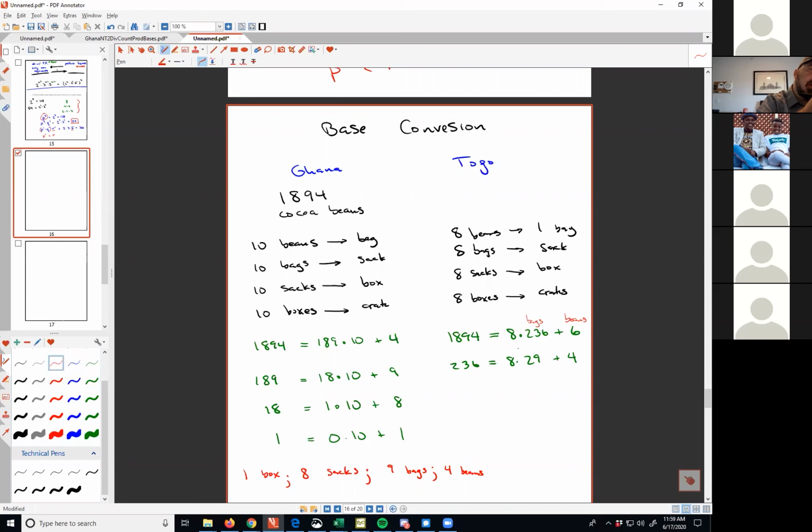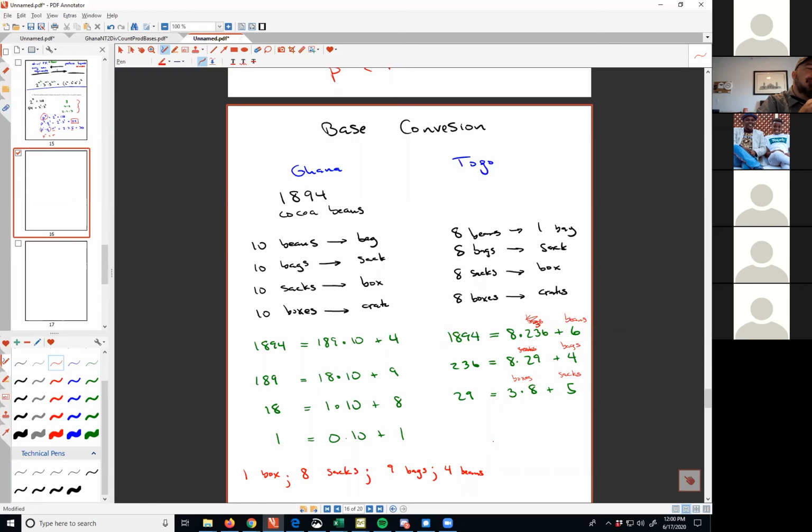Now we have 29 sacks, 4 bags, and 6 beans left over. Okay, so we're going to take those sacks and fill as many boxes as possible. How many boxes can we fill? 3 boxes, with 5 sacks left over. Good. So instead of 29 sacks, we only have 5 sacks, but we have 3 boxes.